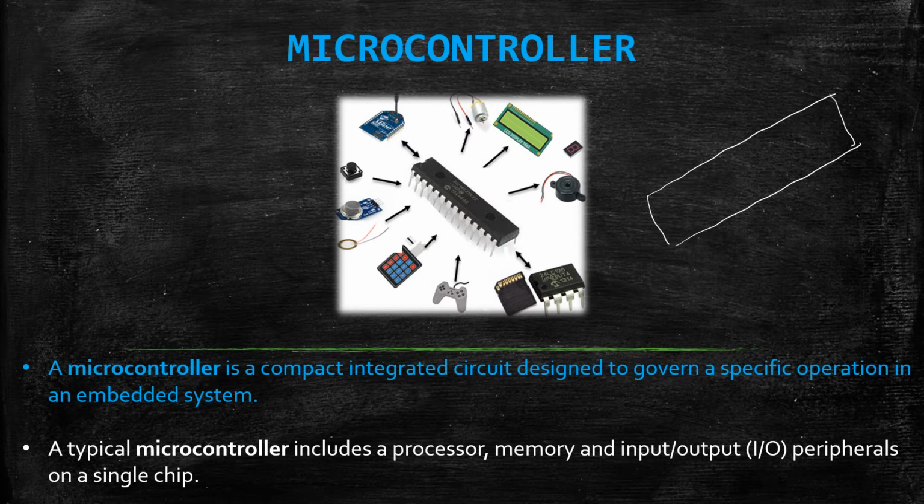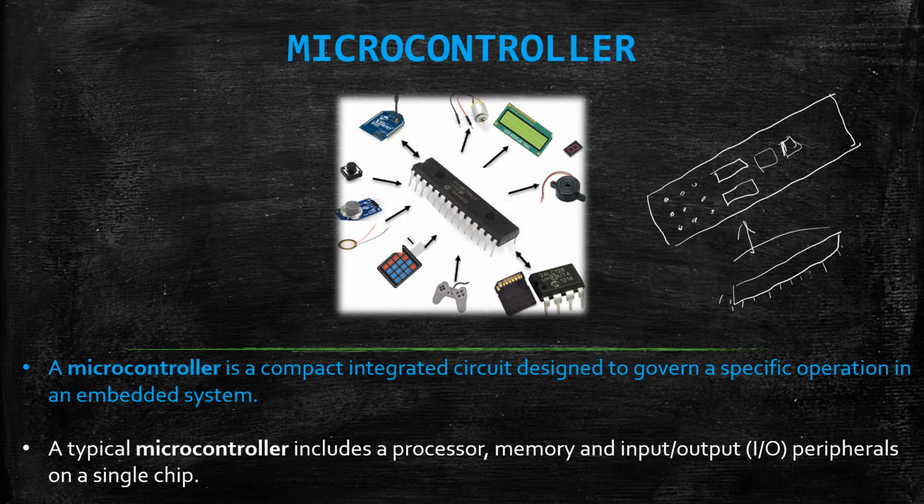This is your remote where you can find different channel numbers along with the volume button, and then some channel button is there, and so many other things, right? Inside this you can find a small microcontroller.